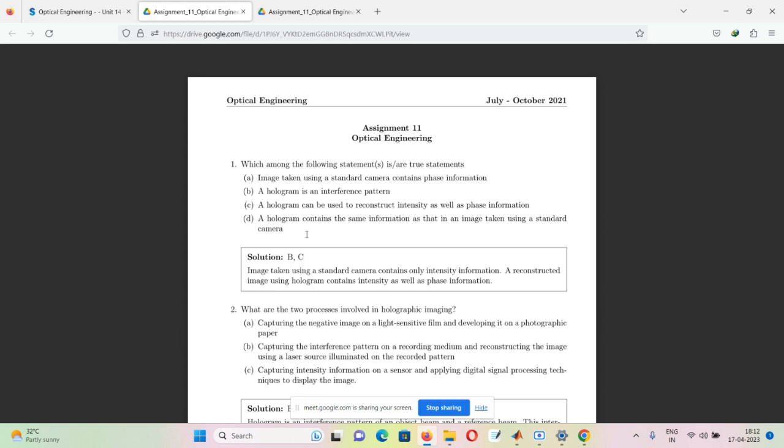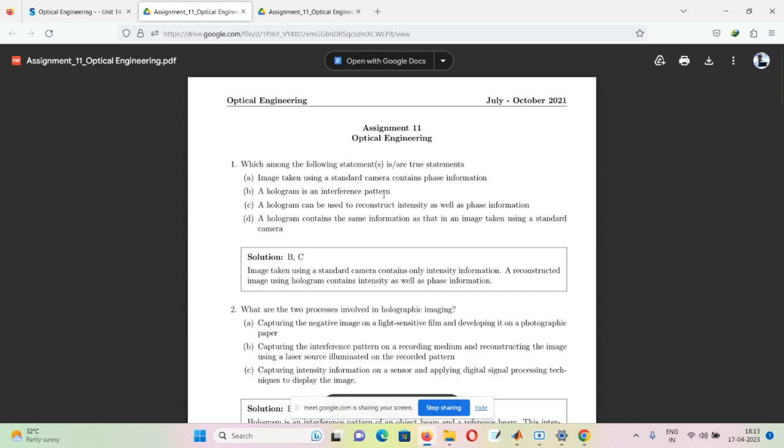When you get the intensity, it is the modulus of your electric field, mod E squared. At that time you are losing your phase information. So in a normal imaging technique you get only the amplitude information; phase information is gone. So the first option, that an image taken using a standard camera contains phase information, is wrong. You are not getting any phase information using a standard camera.